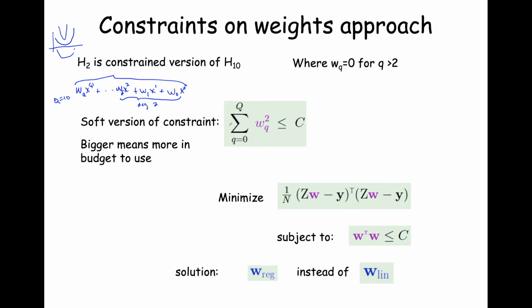Another version of the constraint is the so-called soft constraint. And the soft constraint is as follows. You take your terms and you have a weighted sum. In this case, you take all of your coefficients, you square them, for Q goes from 0 to the degree of the polynomial, and you write the sum of WQ squared less than or equal to some budget C, or some so-called soft constraint.